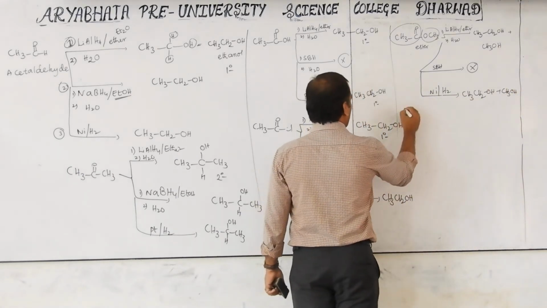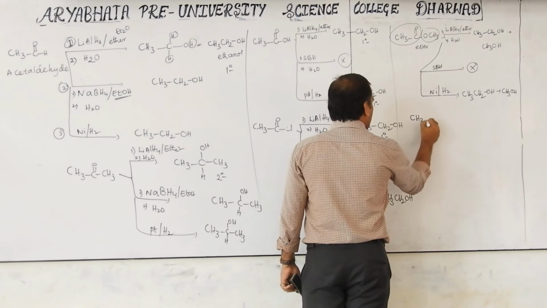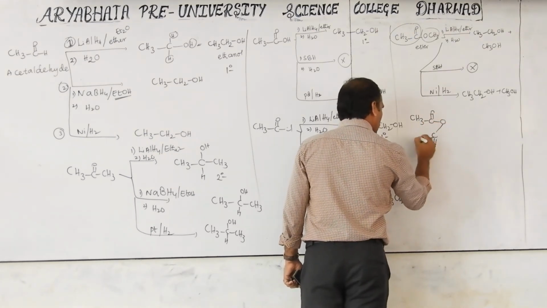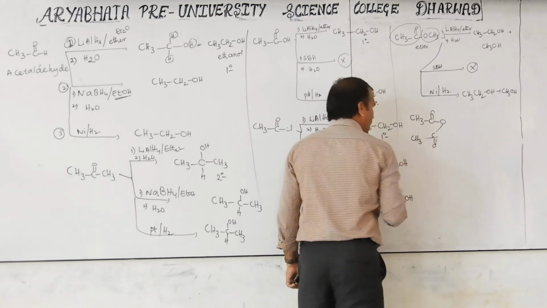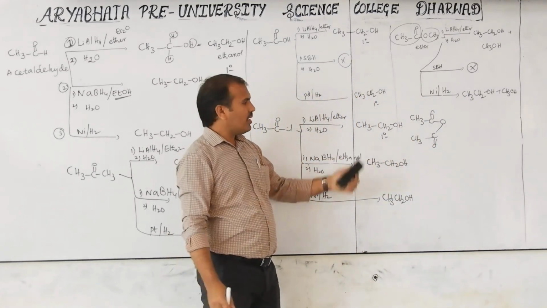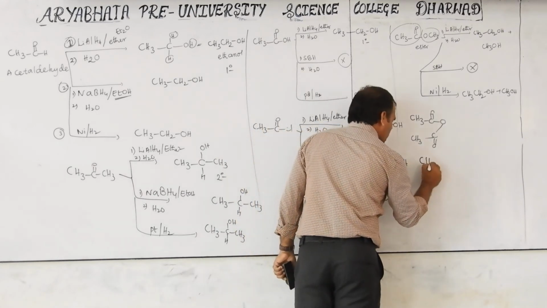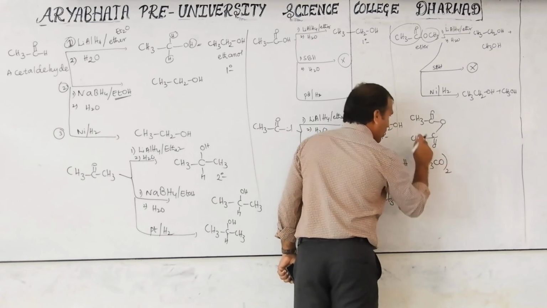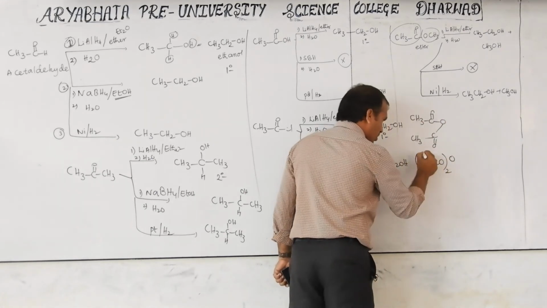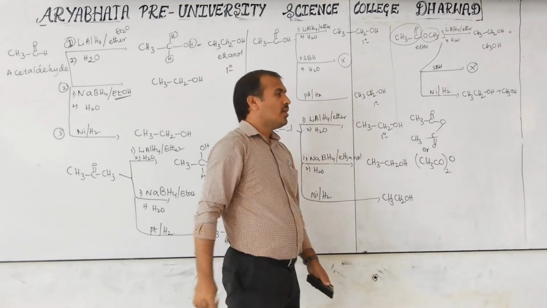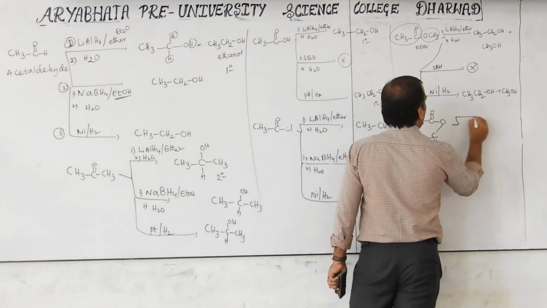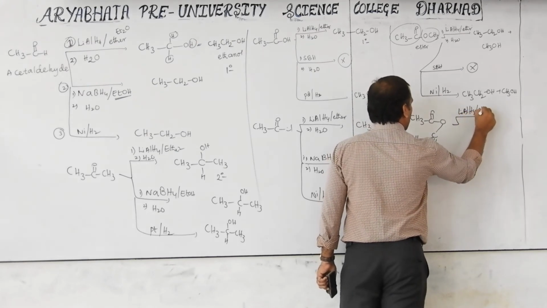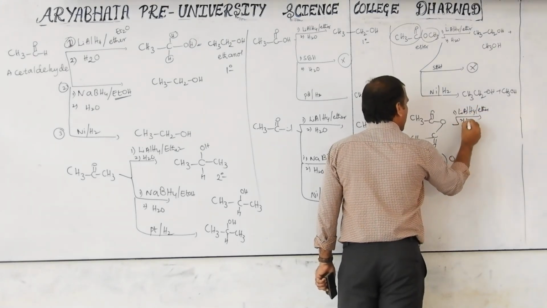Now the last one, anhydride: CH3, C double bond O, O, C double bond O, CH3. This is called acetic anhydride. It is simply given like this: CH3CO twice with an extra O in between. The reagent is lithium aluminium hydride in ether, first step, and second step is water.